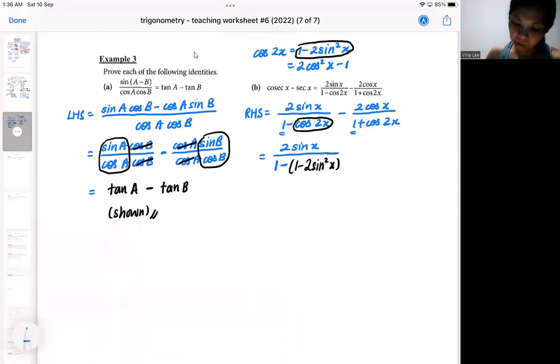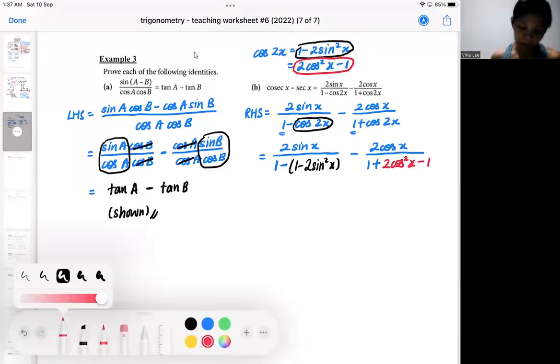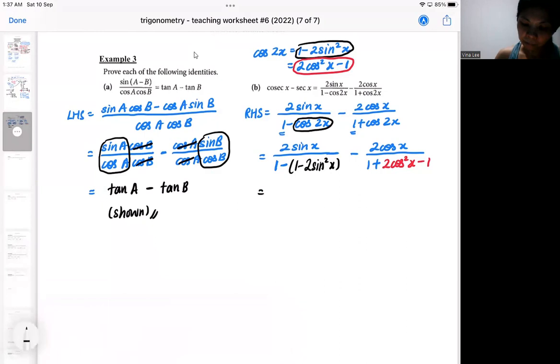So in the next one, I'm going to choose this one. So in this case, you will realize the denominator will be made simpler because you expand out.